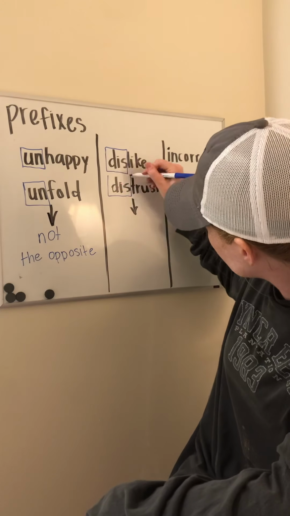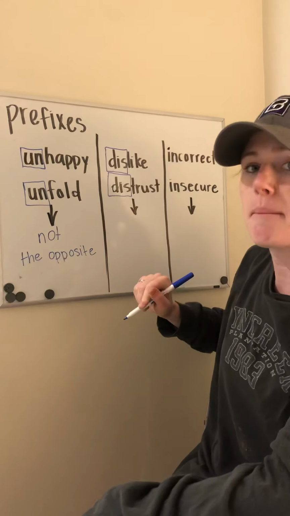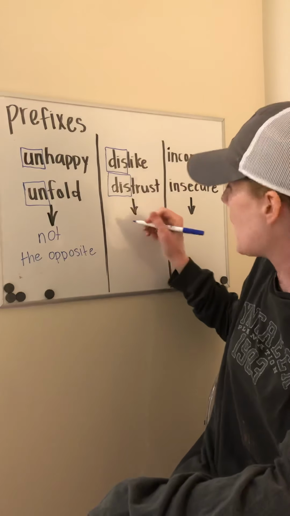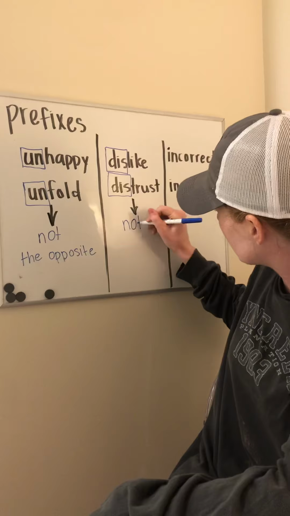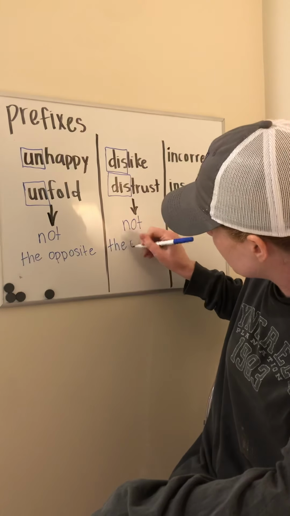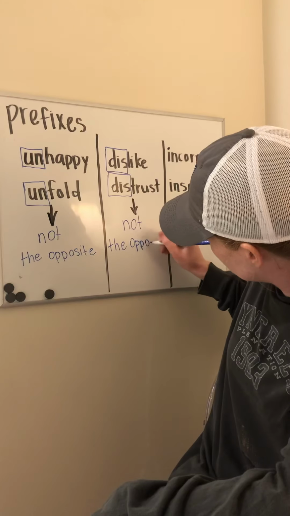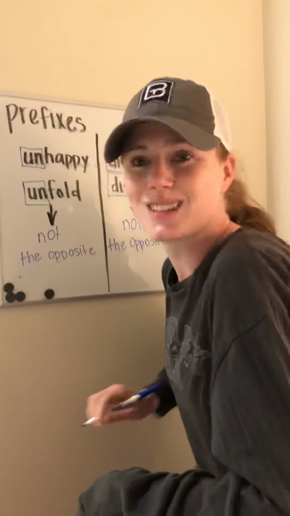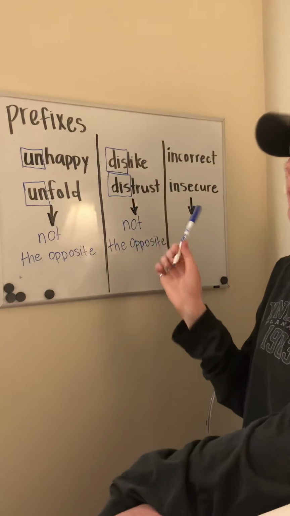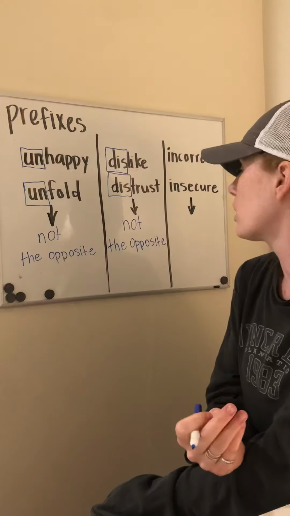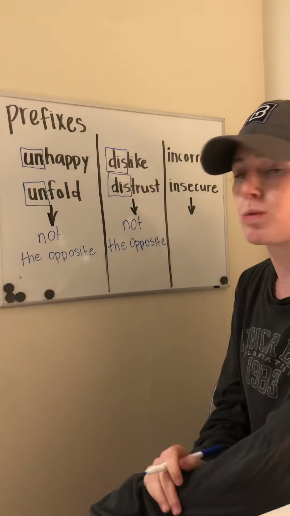It's our prefix, so we box it out. And does that mean what? If I dislike something, I do not, again that word not, I don't like it. And it's also the opposite. So if you have dis in front of a word, that prefix makes that root word mean the opposite of or not. So it changes that root word's meaning.